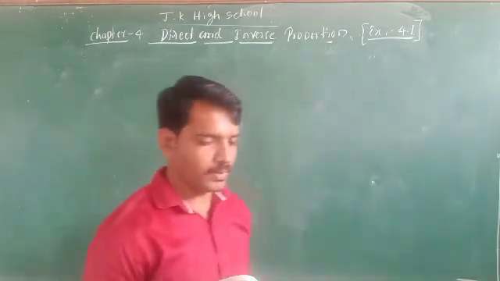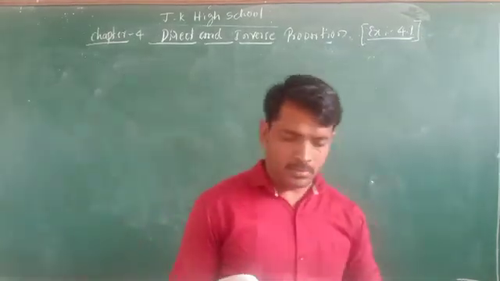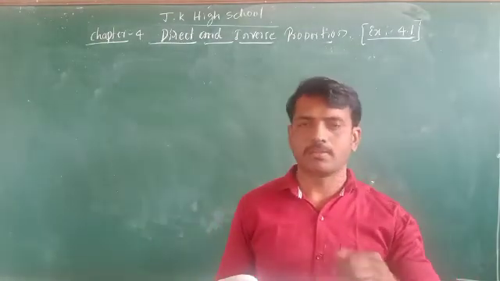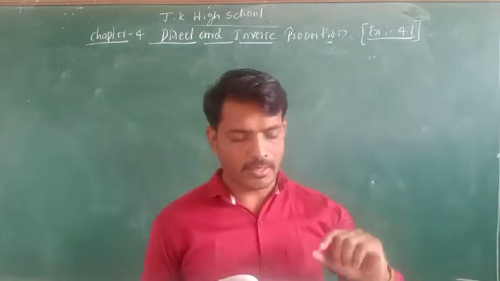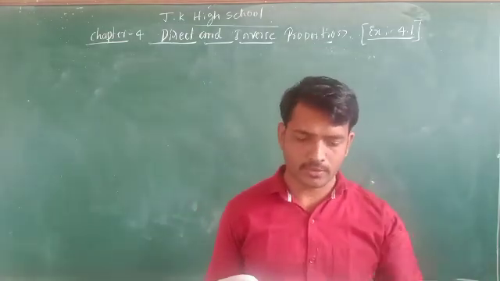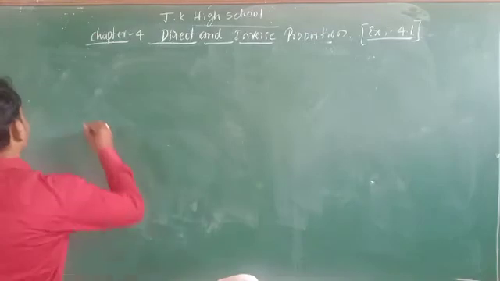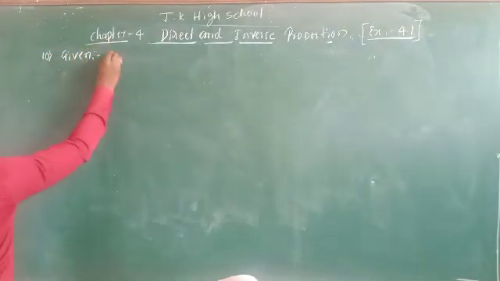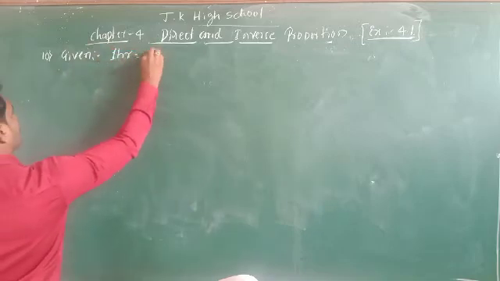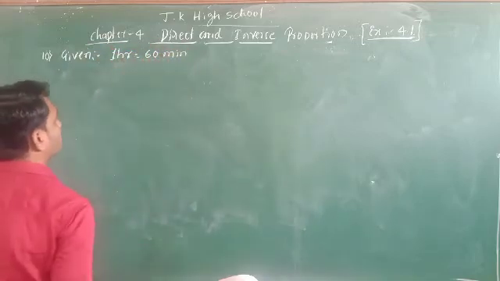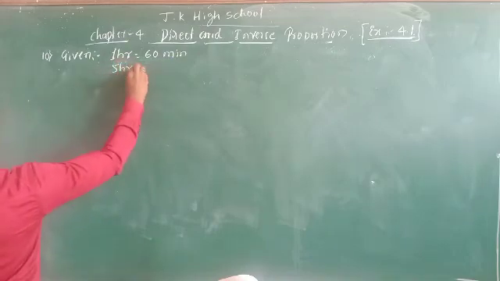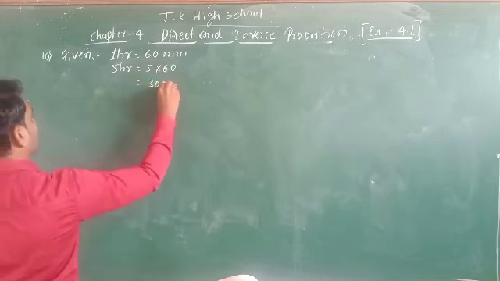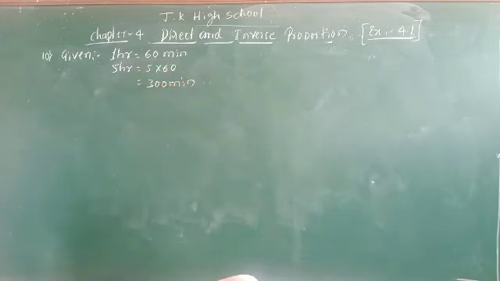First, given, we have to take all the readings in kilometers, but take the time in minutes. 1 hour is equal to 60 minutes. 5 hours is equal to 5 into 60. 5 6s are how many minutes? 300 minutes.